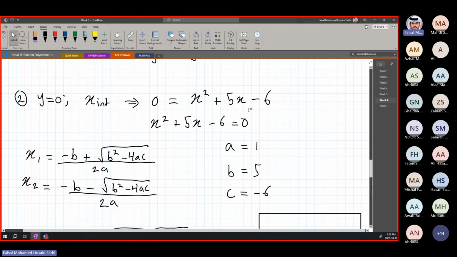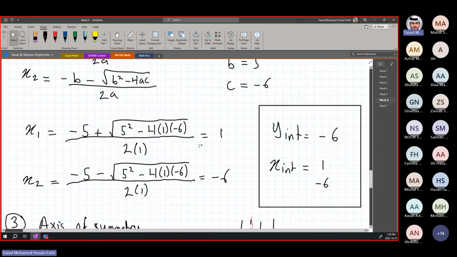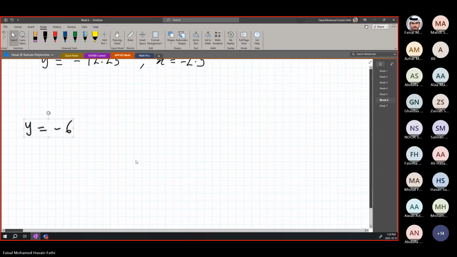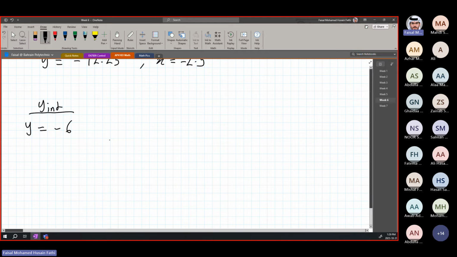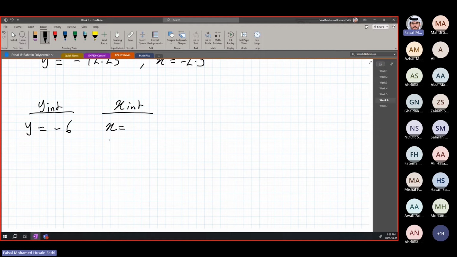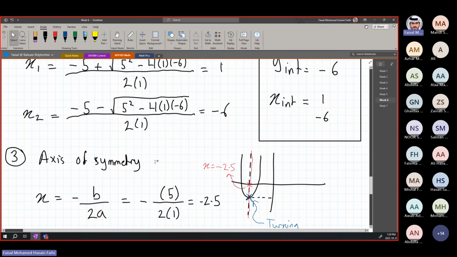Y and x is equal to 1 and minus 6. So x is equal to 1. This is the y-intercept. Okay, this is the x-intercept. X is equal to, I believe, 1, and x is equal to minus 6. Just double checking. Yes, 1 and minus 6.